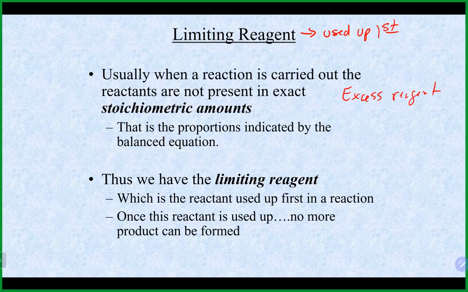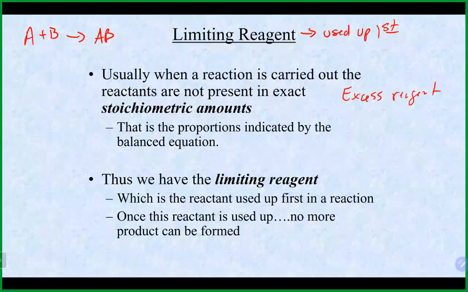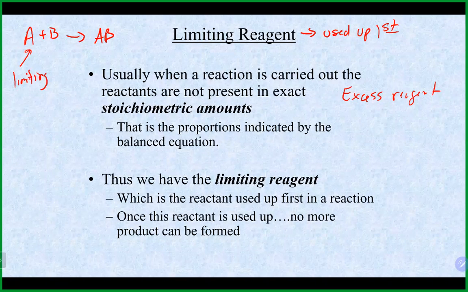So why is that important? If we think about a basic reaction where we take A plus B and it makes AB, you clearly need both of those things to make the product. So if in this case A was our limiting reagent, once I use up all the A in this reaction, is there any way I can make any more product?